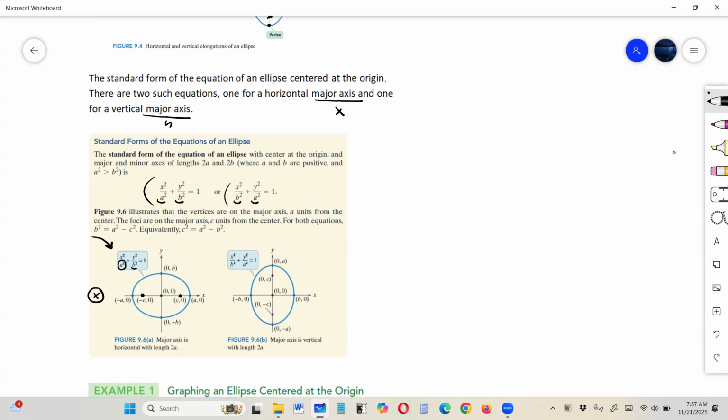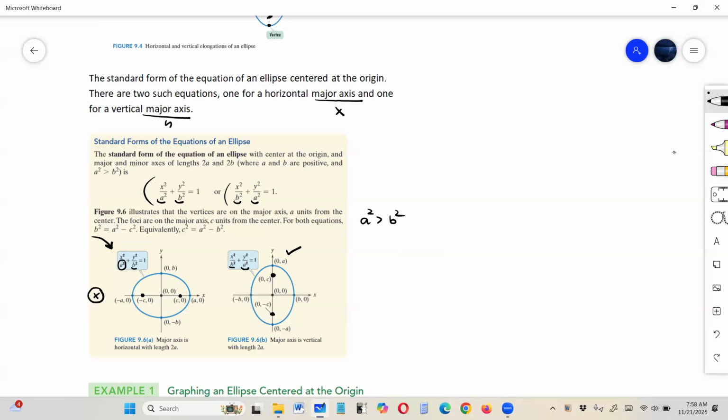So for the ellipse, a squared is always bigger. If the ellipse is sitting on the y-axis, the foci are here, and I'm going to show you how to find them. And the a value here, a squared, is bigger than b squared. Okay, so for the ellipse, a squared is always bigger than b squared.